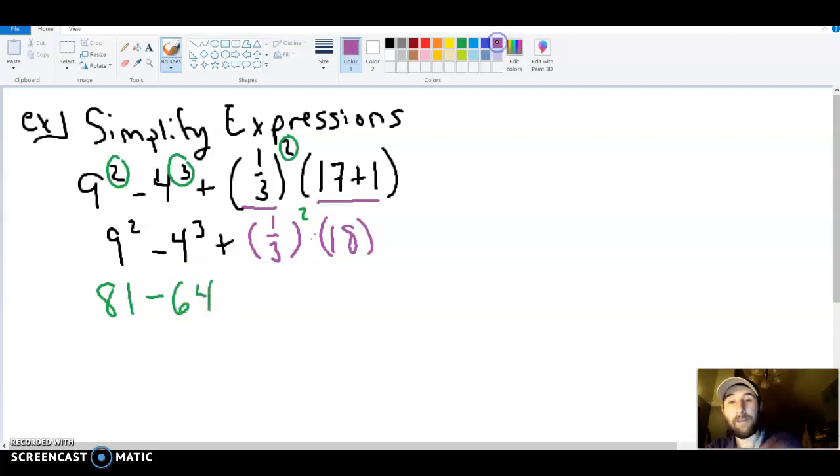And then we have the square on our 1/3. 1/3, the fraction represents repeated division. So essentially we're asking what happens when you divide by 3 and then you divide by 3 again. Well, when you divide by 3 the first time and then you divide by 3 the second time, you're technically dividing by 9. But here's another way to see it actually written out. The square represents repeated multiplication.